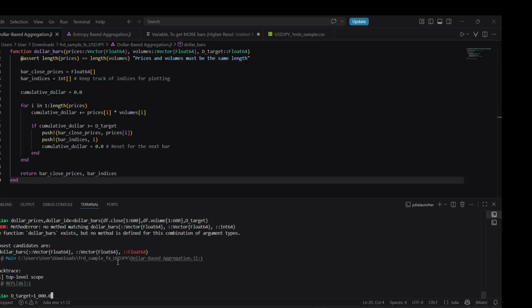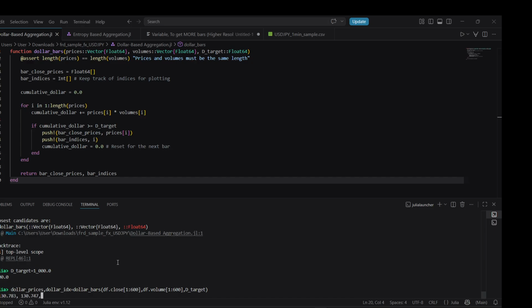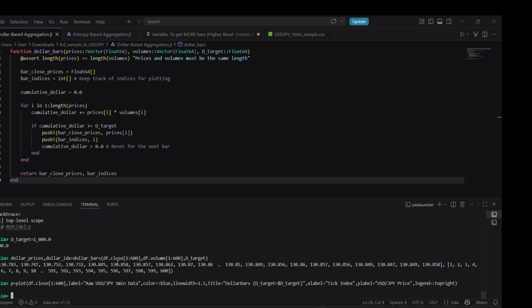Forgot this is a float. 64 can be used in integers. It's a type sensitive function. That's 1 to 600.